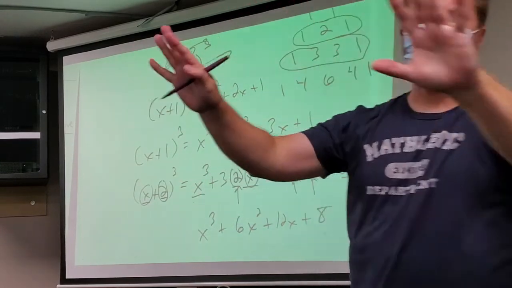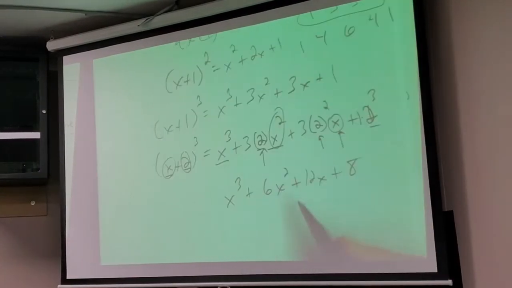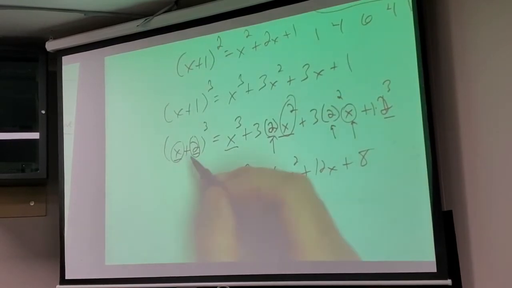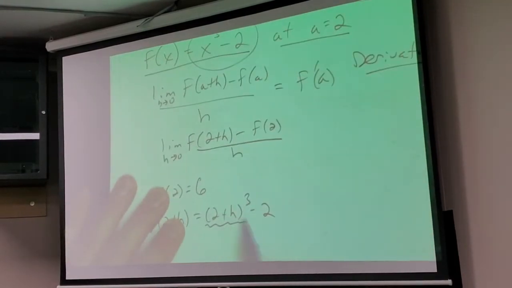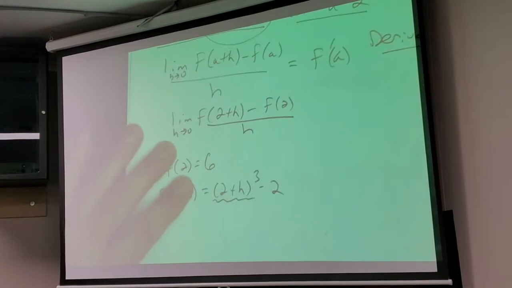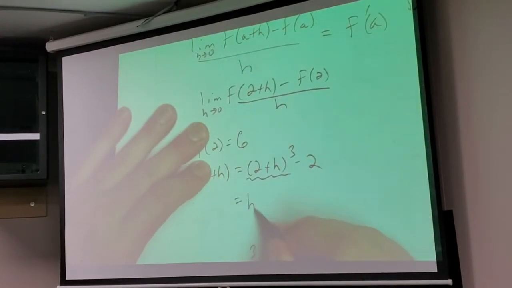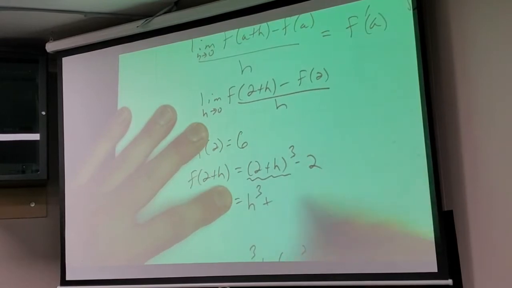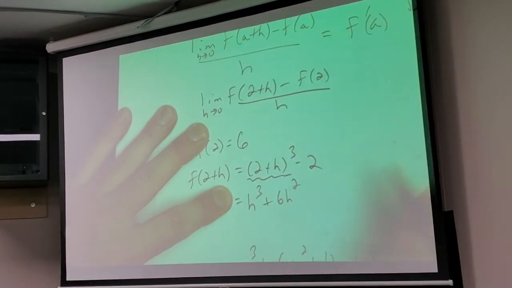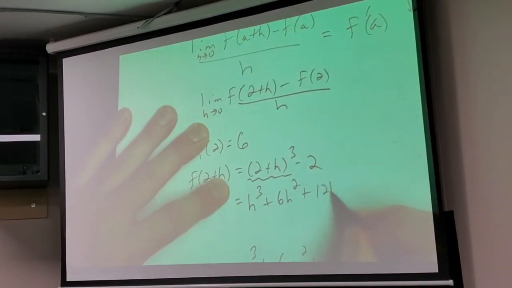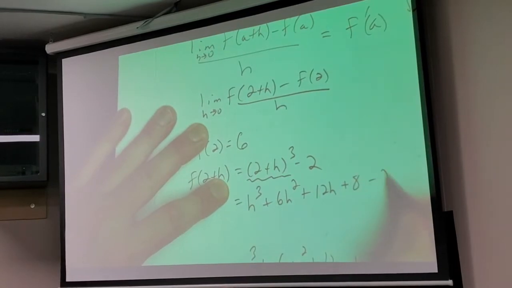Okay. All right, I'm not going to spend a lot of time. So now, if I replace x with h, do you see how we did this? So I can put down here h cubed plus 6h squared plus 12h plus 8 minus 2.